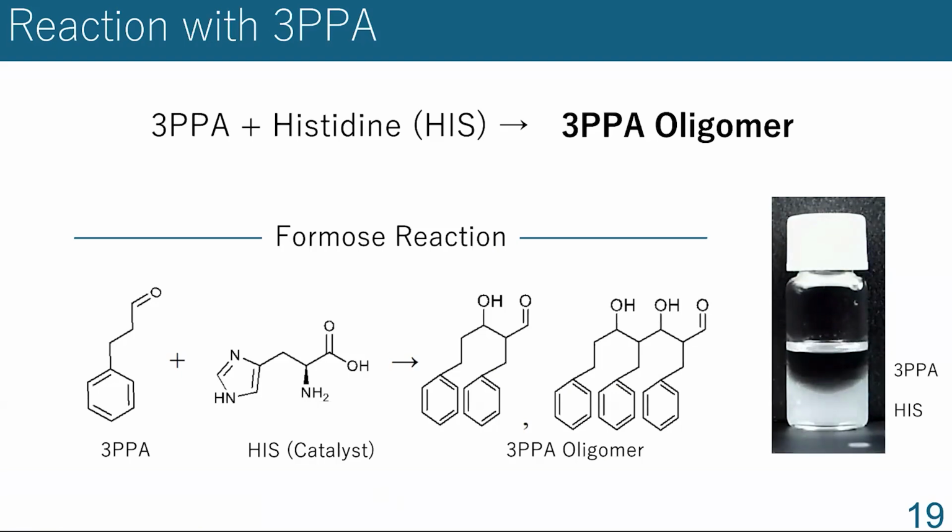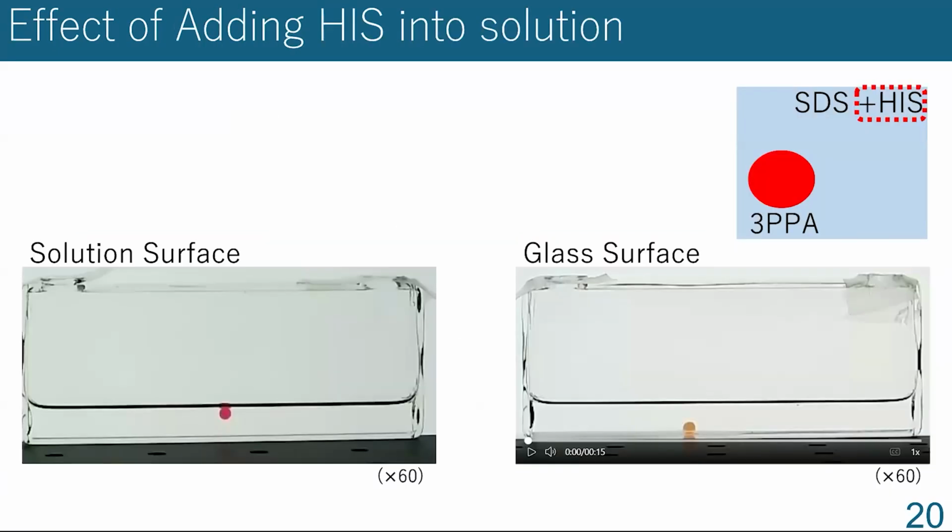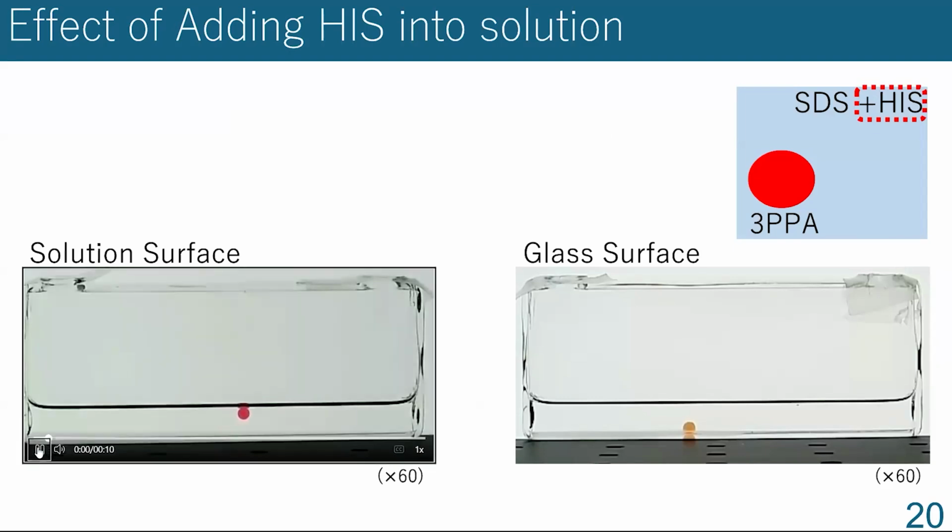Then, utilizing the reaction, I put the reaction and propulsion together and looked at the difference between the normal propulsion one and the combination of reaction and propulsion. In the case of the solution surface motion, the droplet is moving back and forth.